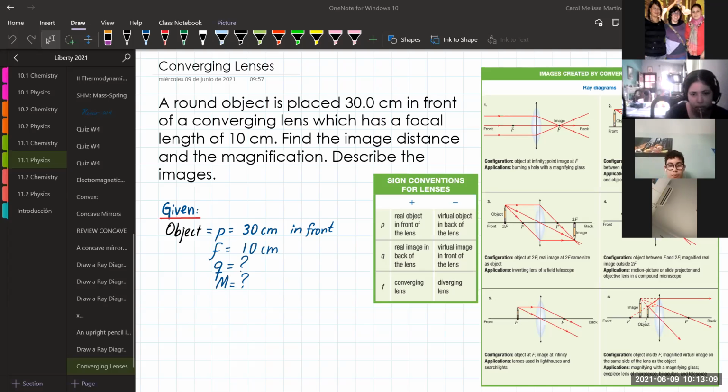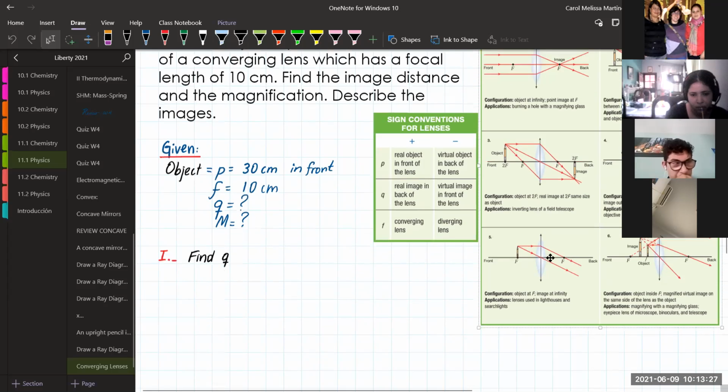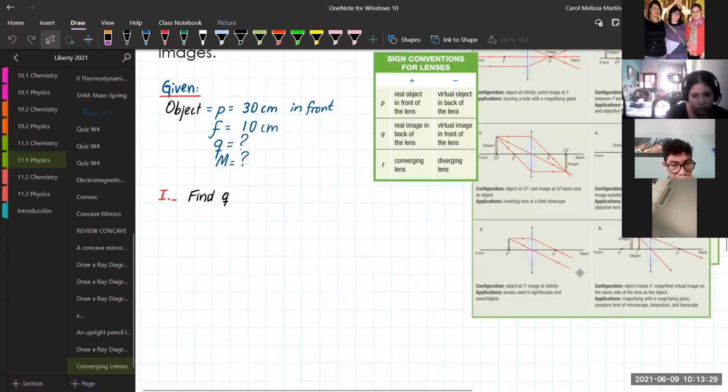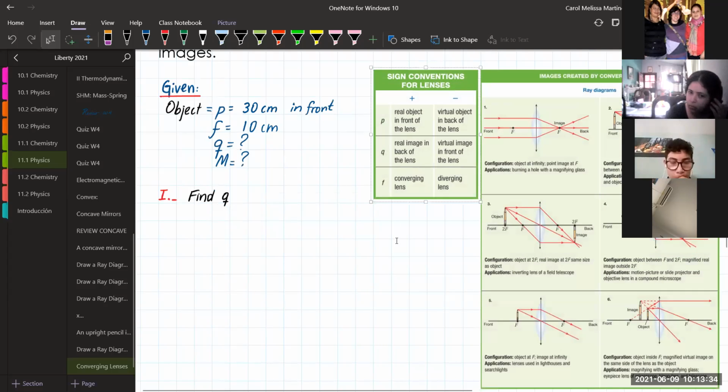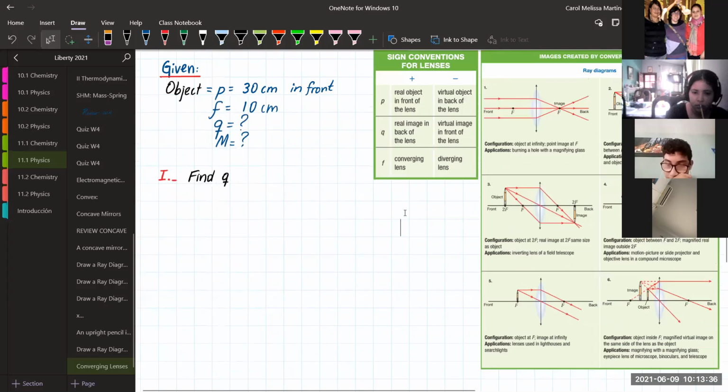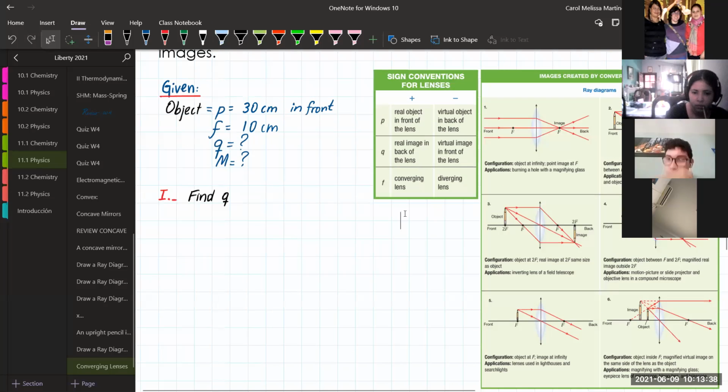So in the first step, what we're gonna do is we need to find the position of the image, or Q. Okay, that's going to be the first step. I'm gonna move this a little bit here because I want to keep all the information available here. Okay, so to find Q, remember that we use a formula that I already gave to you.